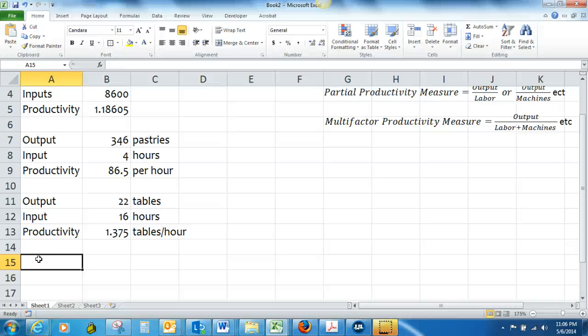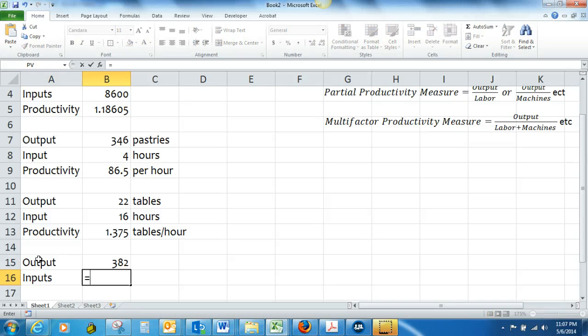For example, let's say that output is worth $382. Okay, so let's put that down. Output is worth $382. And labor material costs are $168 and $98 respectively. So our inputs are equal to 168 plus 98.